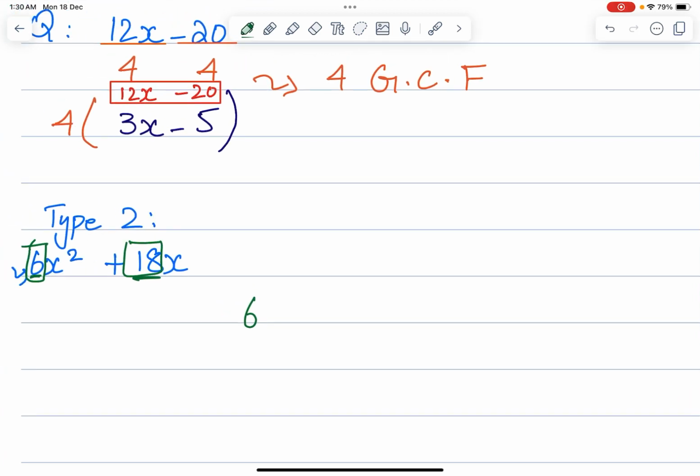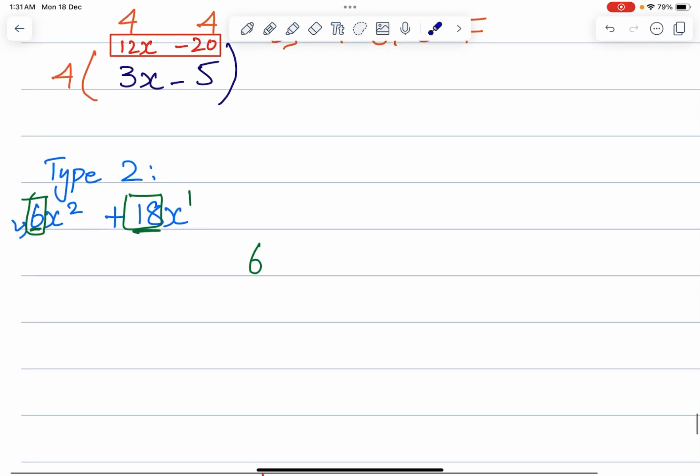Now we look at the variables. What are the variables? You have x to the power 2 and x to the power 1. How are you going to figure it out? You always look at the variable having the smaller power. In this case, which is the smaller power?